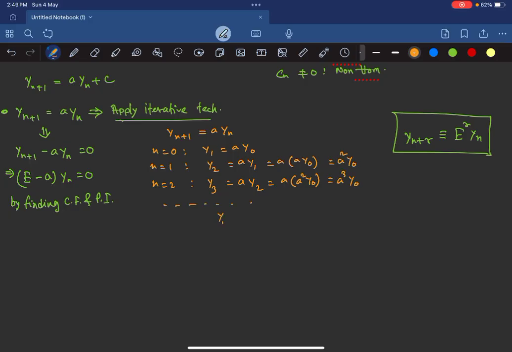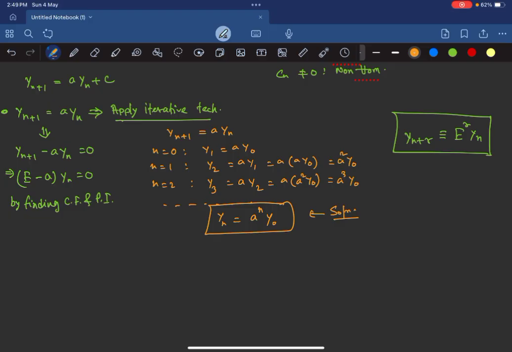If you proceed further, you should get y_n = a^n y_0. This is our general solution, where a^n and y_0 will be given in the question, so immediately we can find the solution.